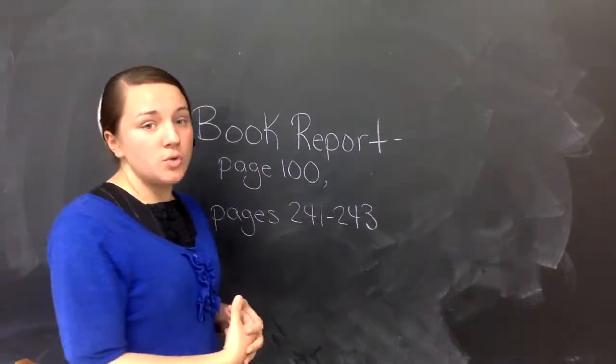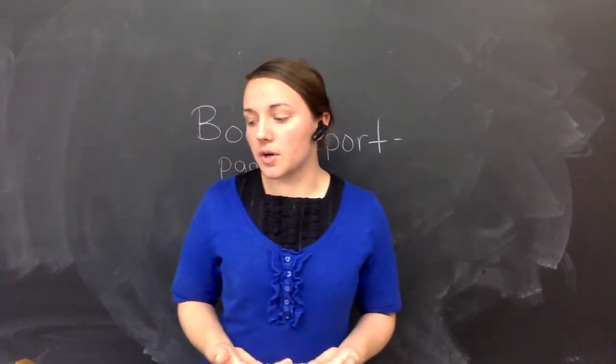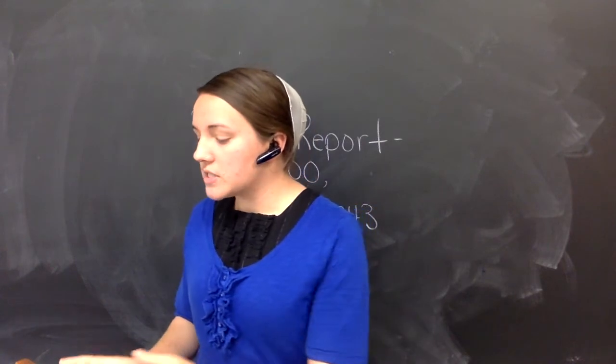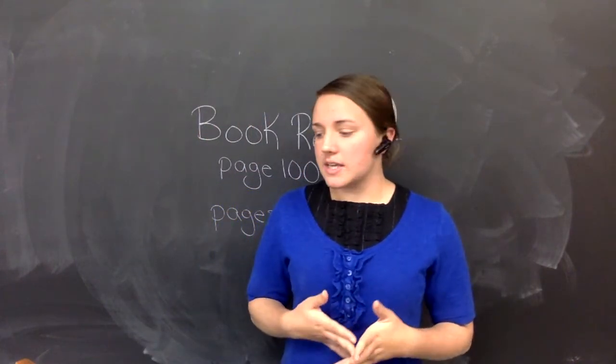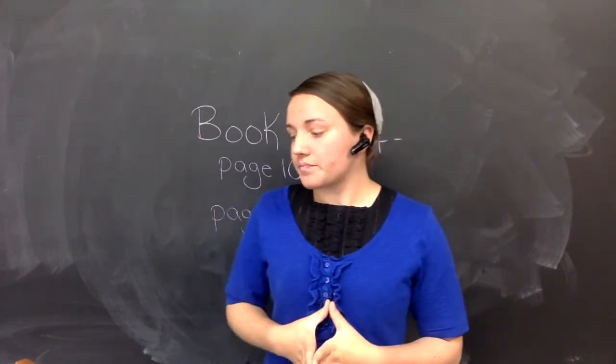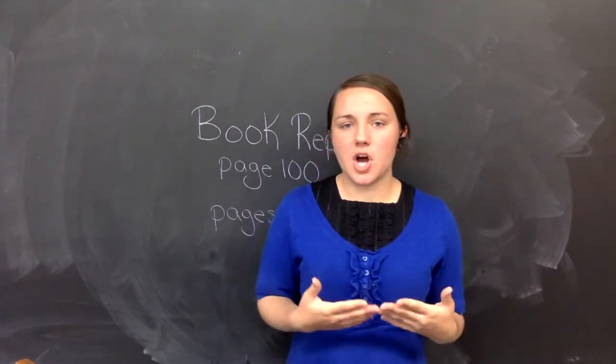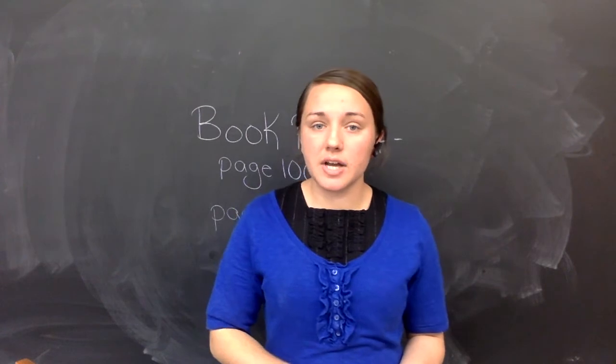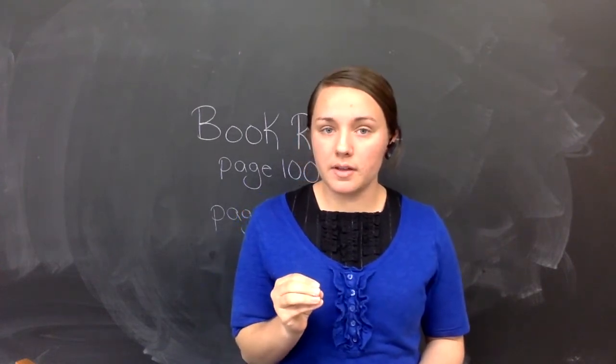Pages 241 to 243 in your language book are the rest of the pages for your lesson today. First of all, we're just going to review a few things here, and then you can get started. So, we've been talking about subject-verb agreement and how a singular subject needs a singular verb.